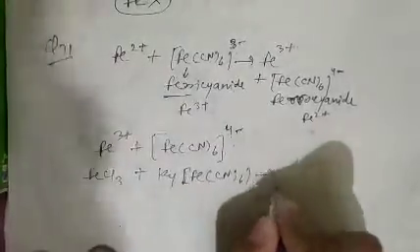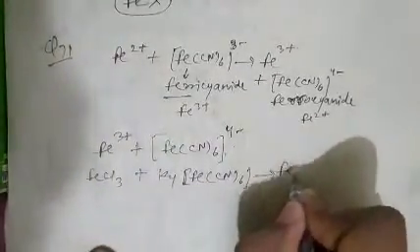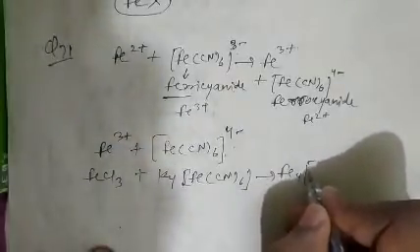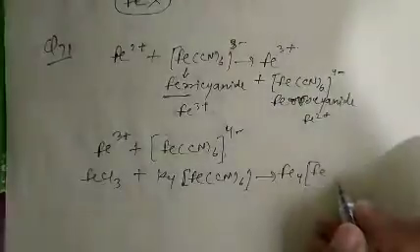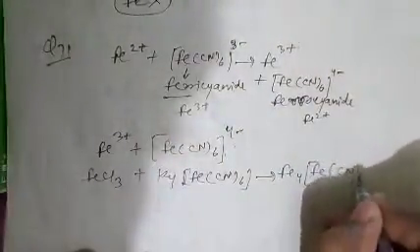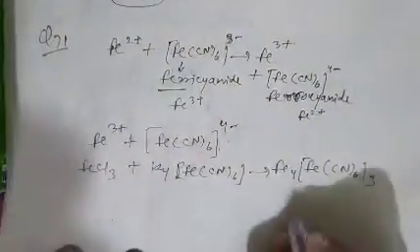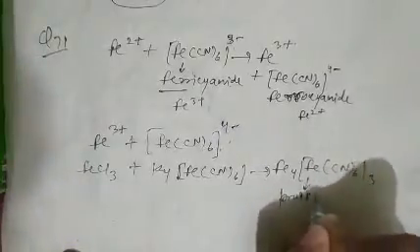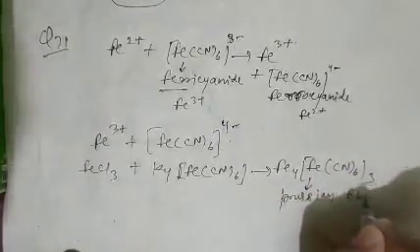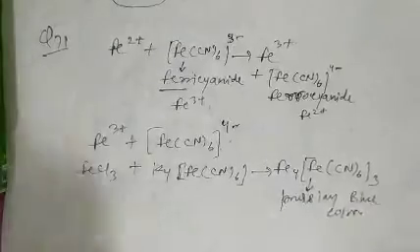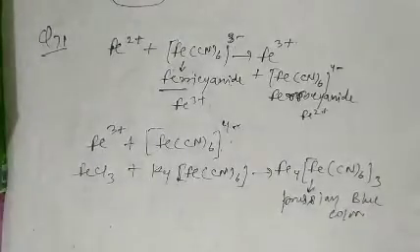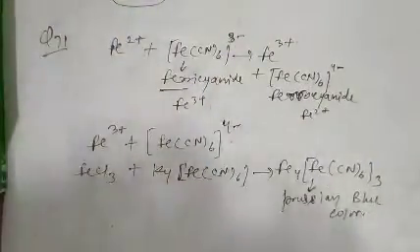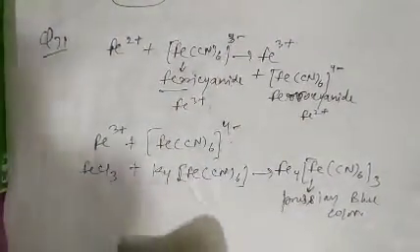So it will convert into Fe4[Fe(CN)6]3. This compound has Prussian blue color. So the blue color of the solution is due to this compound.